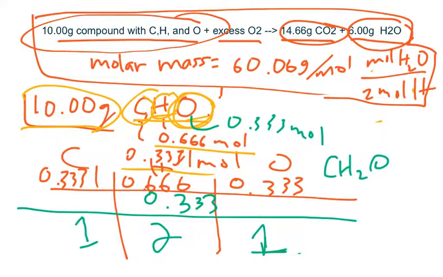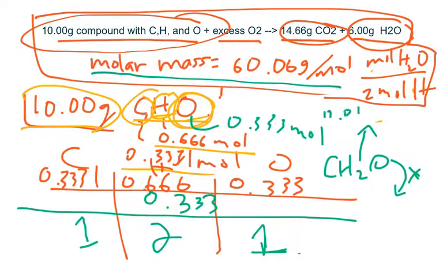Now, we need to find the molecular formula, and we're given that the molar mass is 60.06. So we need to see how many times we have to multiply this by in order to get a molar mass of 60.06. Well, the molar mass of CH2O is just 12.01 plus 2.02 plus 16.00.